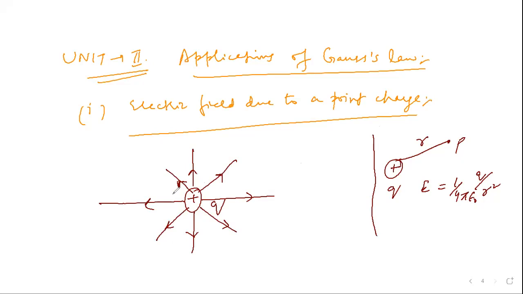radially. Now in using Gauss's law, first thing is to construct a Gaussian surface. Now we construct a Gaussian surface spherical in shape and centered on the charge with radius r.